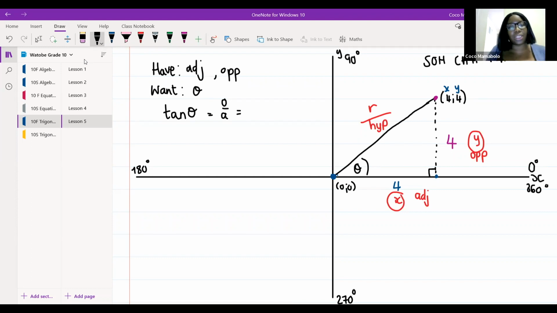So tan of theta on the Cartesian plane can be expressed as y over x. We're going to be doing the exact same thing, guys. We're still going to be using opposite and adjacent, but instead of writing opposite and adjacent, I want you to also add this part. I want you to add that part in there as well.